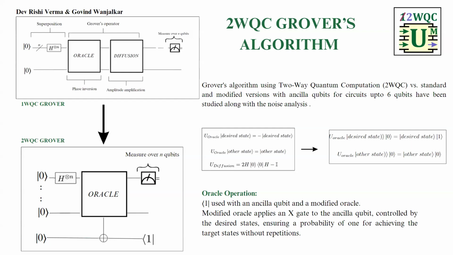The oracle utilizes the remaining 3 ancilla qubits in its composition, and this oracle is followed by a certain number of diffusion iterations for the 1WQC approach to work. Whereas in 2WQC, you just have to run the oracle once, and then take a CX and a Bra product with a Bra operation to get your desired solution value.